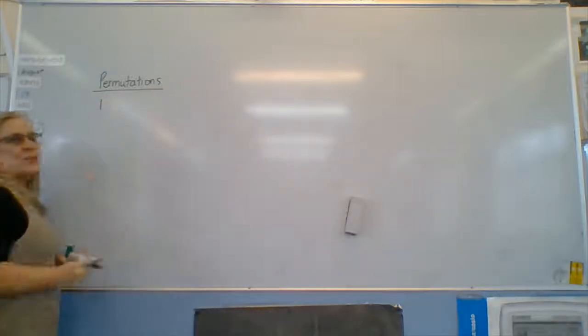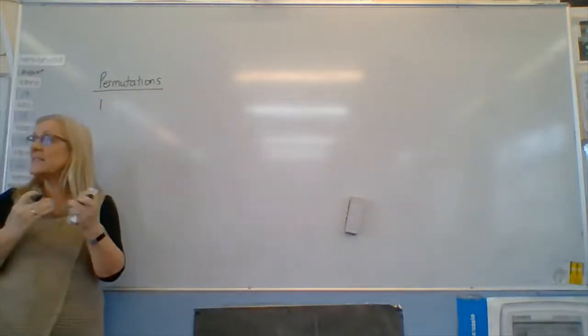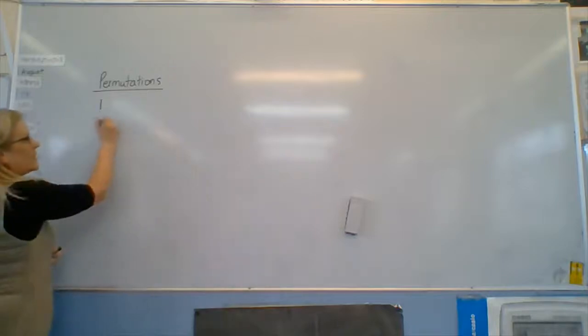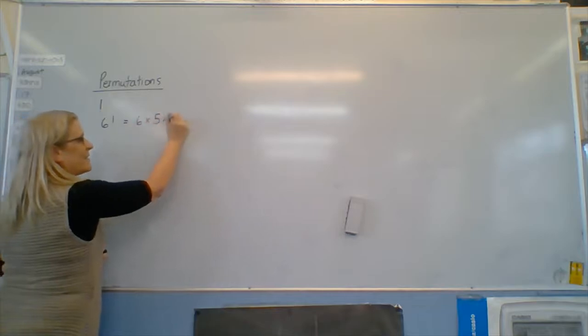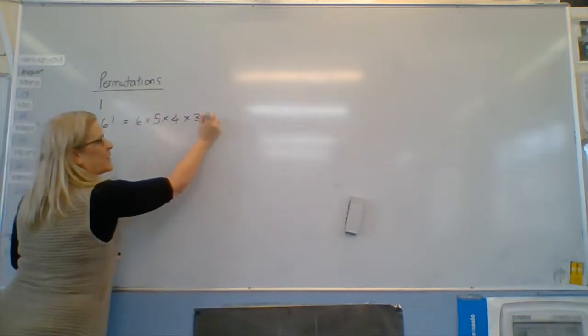A factorial is an exclamation mark, and that exclamation mark means that if we had 6 factorial, it would mean this.